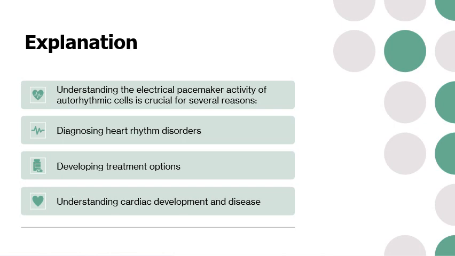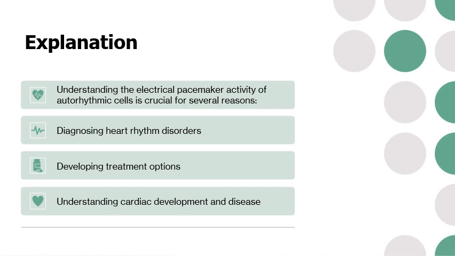So diagnosing heart rhythm disorders, irregularities in the firing pattern of autorhythmic cells can lead to arrhythmias like bradycardia, which is slow heart rate, or tachycardia, fast heart rate. Analyzing the electrical activity can help identify the causes of these arrhythmias.